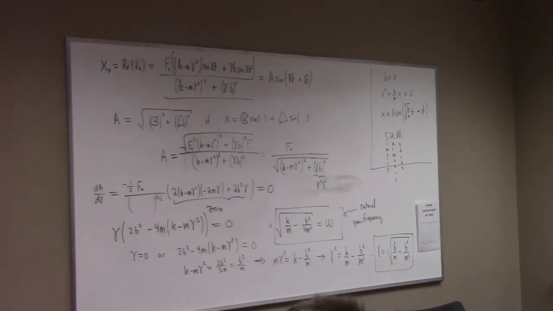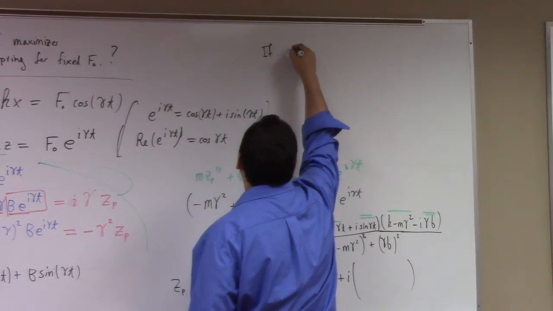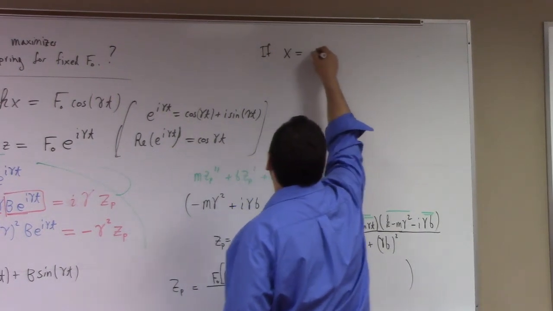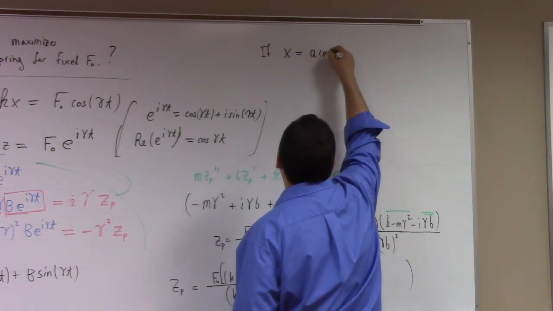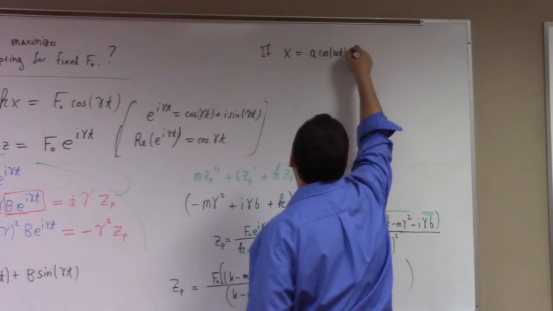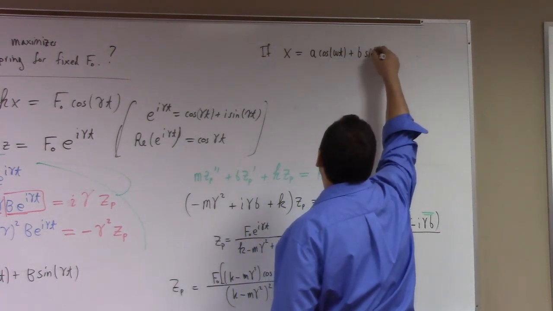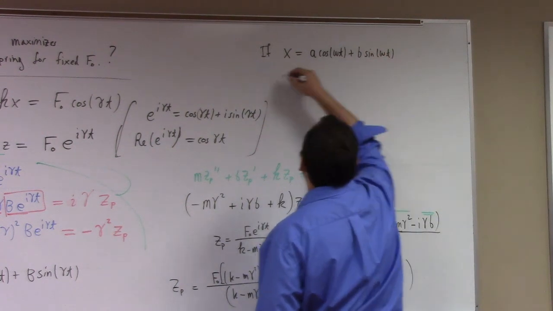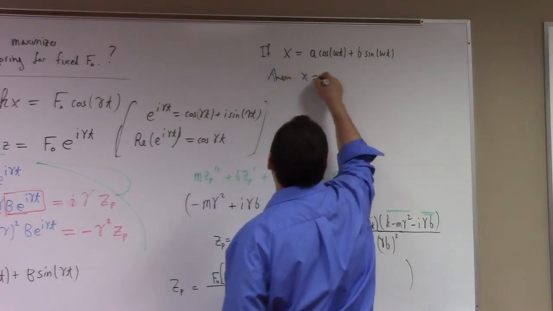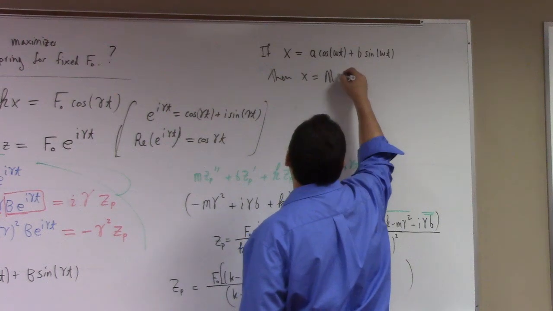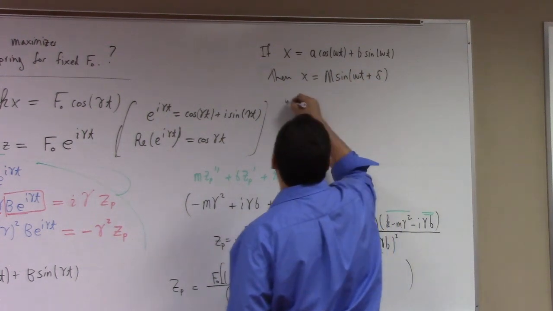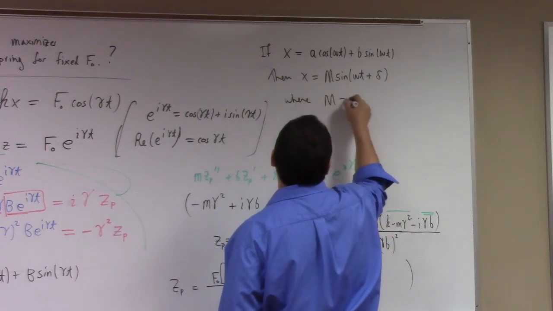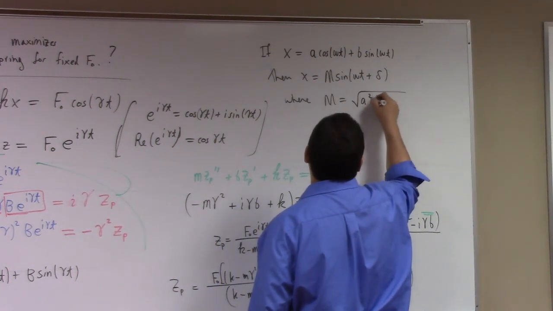So here's a more clear statement of extra credit 3, which is that if x equals, let's say, a cosine omega t plus b sine omega t, then x is equal to m sine omega t plus delta, where m is equal to the square root of a squared plus b squared.